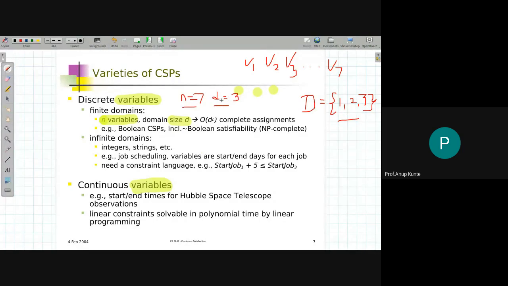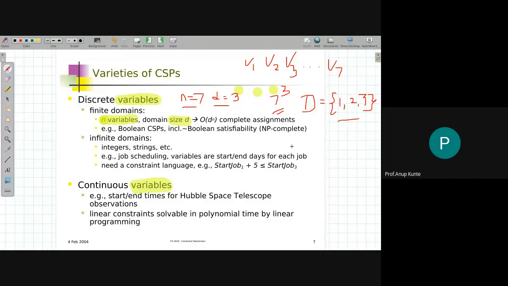This is the average value of domain size, or it could be the maximum value. If every variable has a different domain for a particular problem, then I would take the maximum value out of it. So the maximum domain size I take is 3, the variables are discrete, and there are 3 values here. So 3 raised to 7 is the number of complete assignments I would get, right? If I count the number of complete assignments, it will be 3 raised to 7.